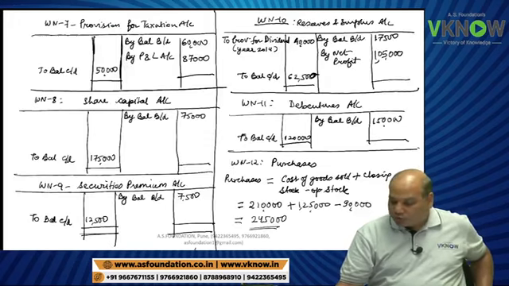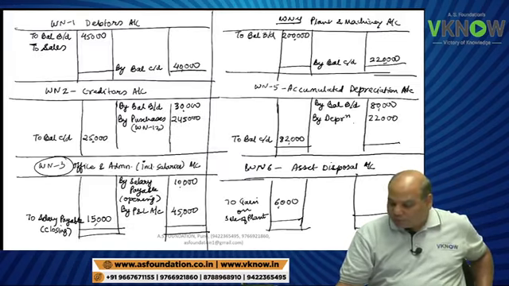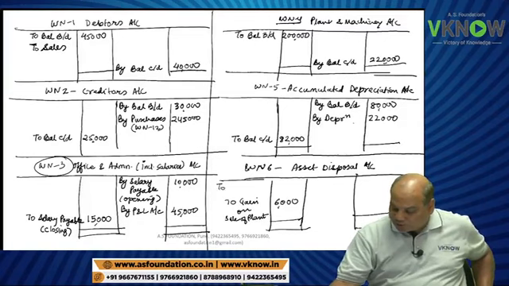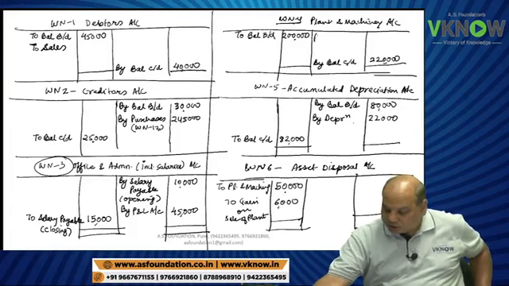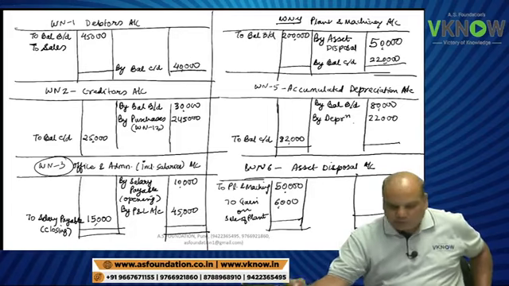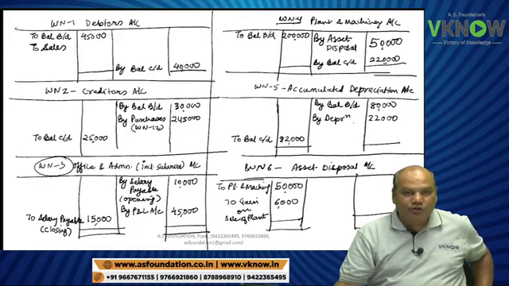So I am going to now working note number 4 and 5 and 6. Working note number 4, asset disposal account debit side to plant and machinery 50,000. Plant and machinery account credit side by asset disposal account 50,000. This is the first entry.